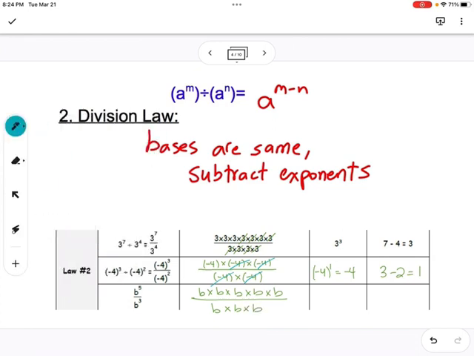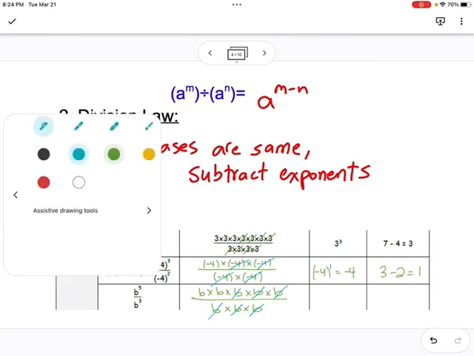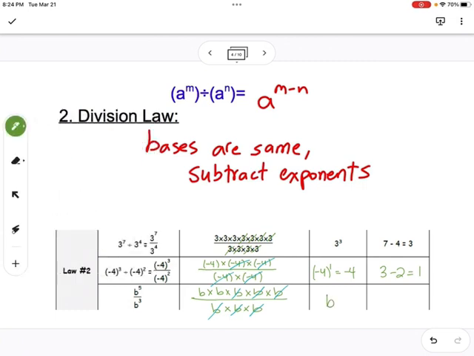We'll cancel some out. And we are left over with 2 b's. So our answer is b squared. Again, bases are the same. We're dividing, so you subtract the exponents. 5 minus 3 gives us that exponent 2 that we found.